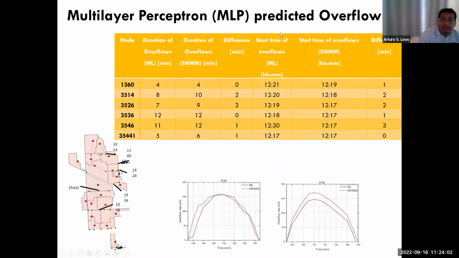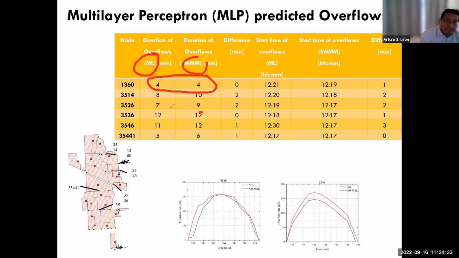Here again, this is the comparison of the duration of the overflows and the starting time of the overflows, and we can see that the results are very good. You can see here an example of the duration of the overflows with the machine learning model and SWMM. They're pretty much the same.